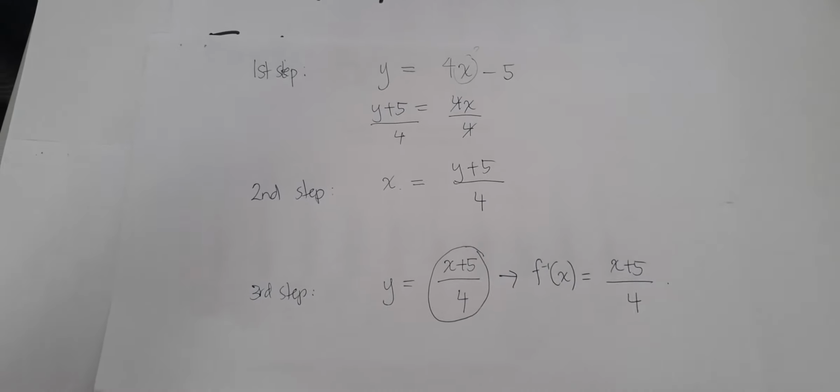Now, what will be my next step? You change your x to y, and your y to x. So we have 6 minus 7x all over 5.